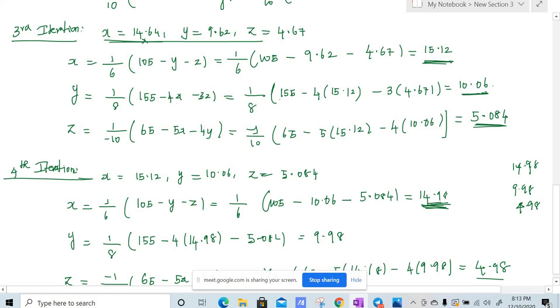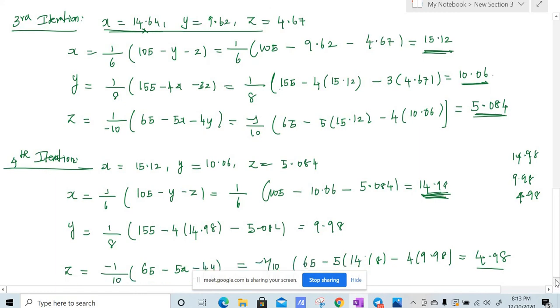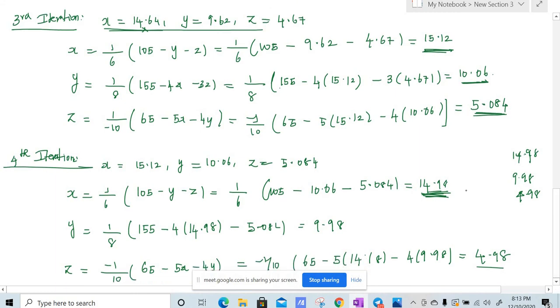In the fifth iteration, if you got 14.98, all the values have to be the same. Suppose in some cases you may get two of them the same but the third different, so you need to go on to the sixth iteration. You have to carry out the iterations until all three are equal, correct up to 2 decimal places.